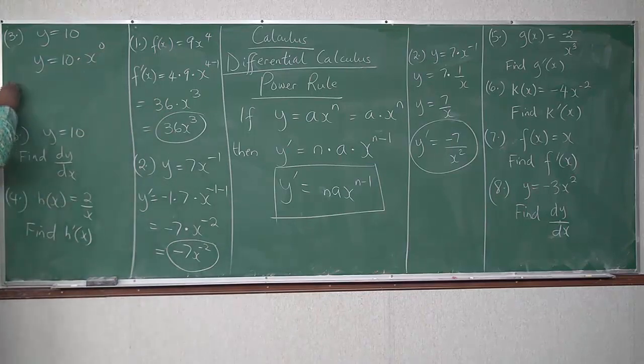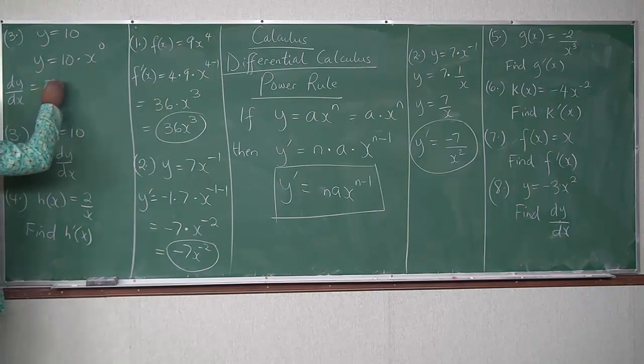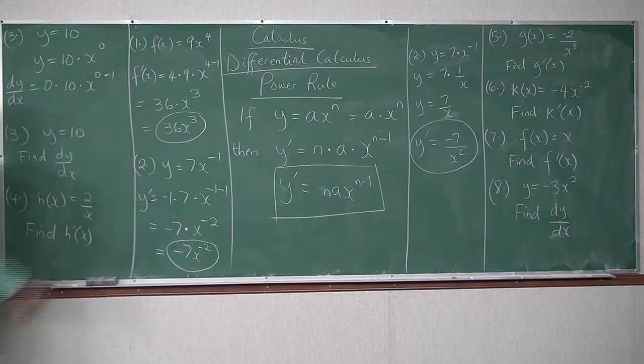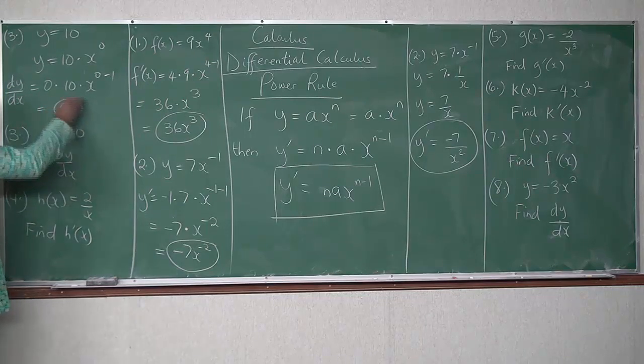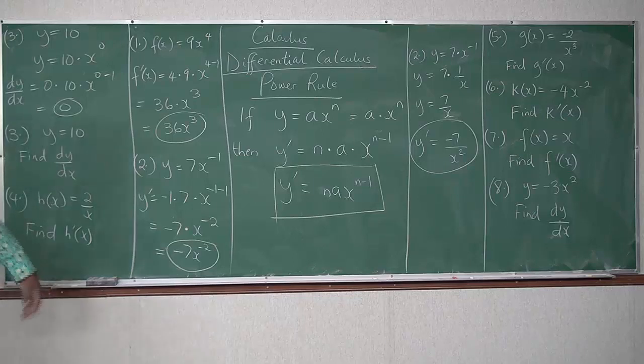And then y prime, or you can say dy/dx, is the same thing. The dy/dx will now be 0 times 10 times x, 0 minus 1. But anyway, 0 times anything at all is what? 0. So you don't need to bother with that.